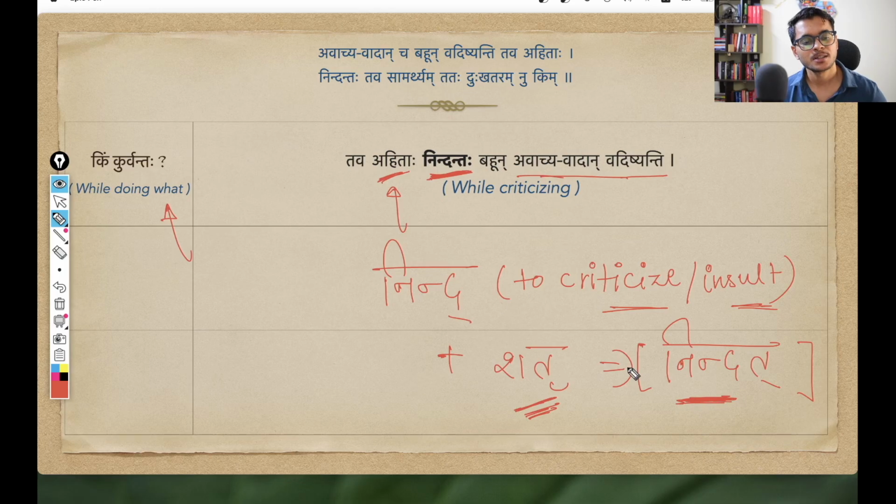Since this Nindat is describing this Ahitaha, it is also going to take the same form, the Pullinga Prathama Vibhakti Bahuvachanam form. This Nindat in Prathama Vibhakti is Nindan, Nindantau, Nindantaha. So that is this Bahuvachanam form, Nindantaha. Your enemies, while criticizing, will speak many unspeakable words. So that is the meaning this pada is giving. So I hope this Vyutpatti of this pada is clear.